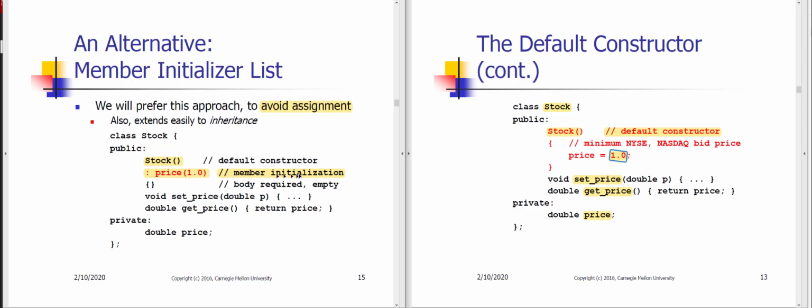And then following that member initialization list, you have your body of code. Now in this case, because all the body of code was doing before was assigning a value of 1.0 to the price, and I've taken care of that in my member initialization list, there's nothing left for the body to do, so the body is simply empty. It's fairly common, especially for default constructors, for the body of code to be empty, even though the body is nevertheless required.